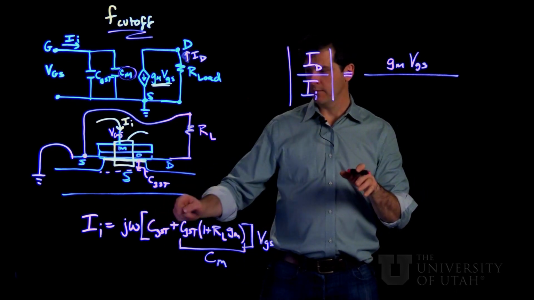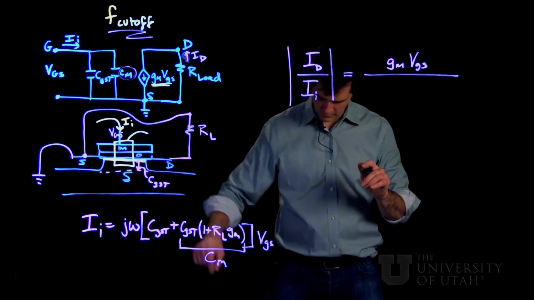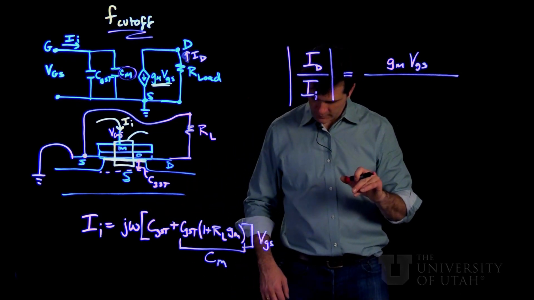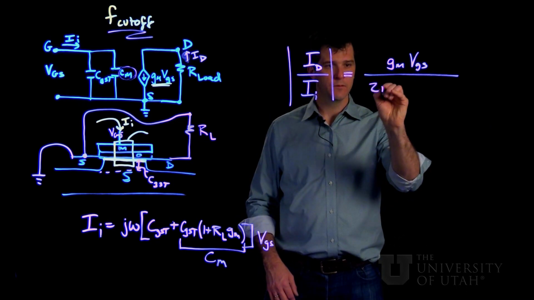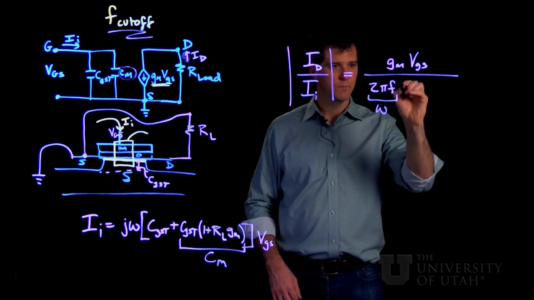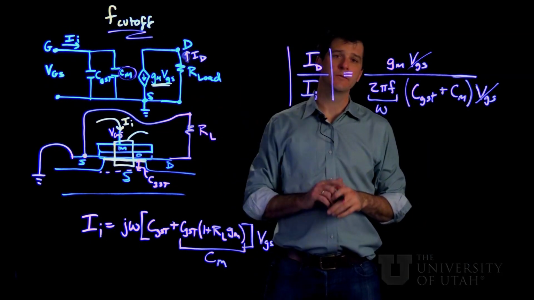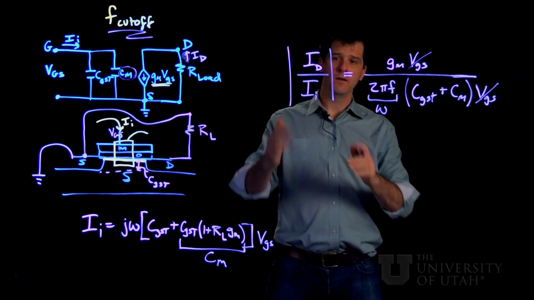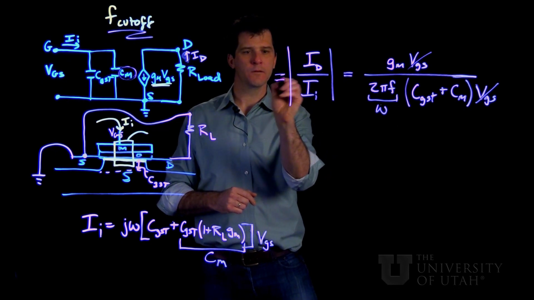If we take its magnitude, it means we can pull off the imaginary part there, and we get 2 pi f substituted in for omega, and then so our cutoff frequency is going to occur when this is equal to unity or 1.